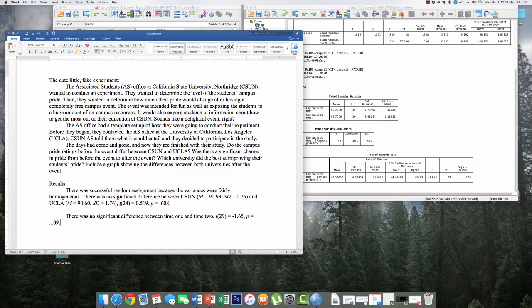Okay, so that's the result for that. Also, this is part of the result. We need to report the mean and the standard deviations.